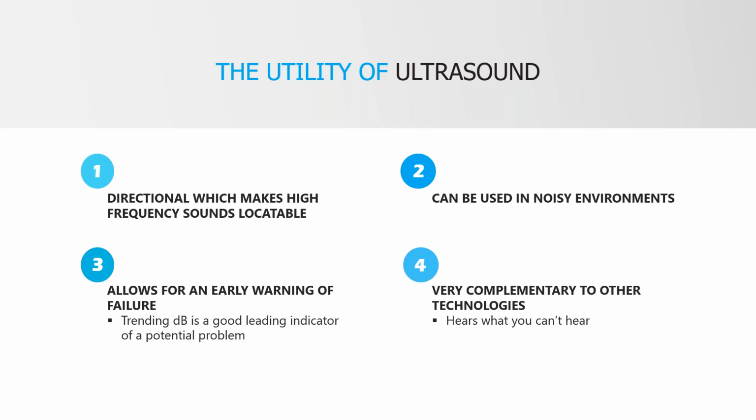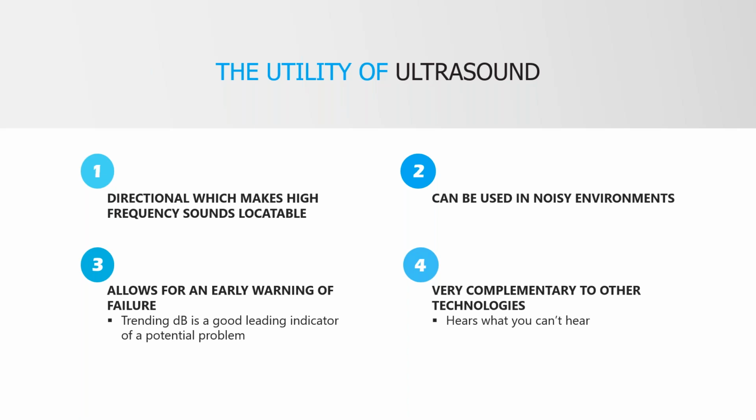We're talking about bearings. When I say here allows for an early warning of failure, if we're using ultrasound for a bearing condition monitoring program and we're trending the decibel level over time, any subtle change in the condition of that bearing is going to change the decibel level. So if we're trending the decibel level of that bearing and we start to see that decibel level increasing, that's a really good leading indicator of a potential problem.